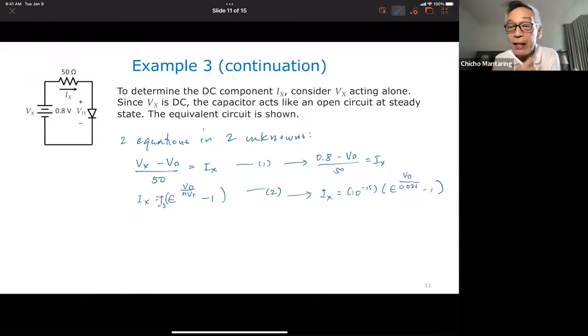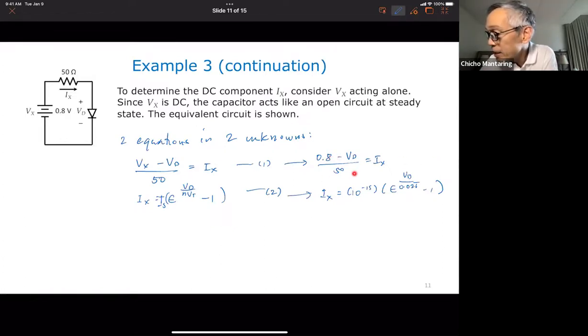That's why it's not nice to do large signal analysis, because usually your equations are nonlinear. But you're very lucky because you have the solve function of your calculator, right? You just equate these two.